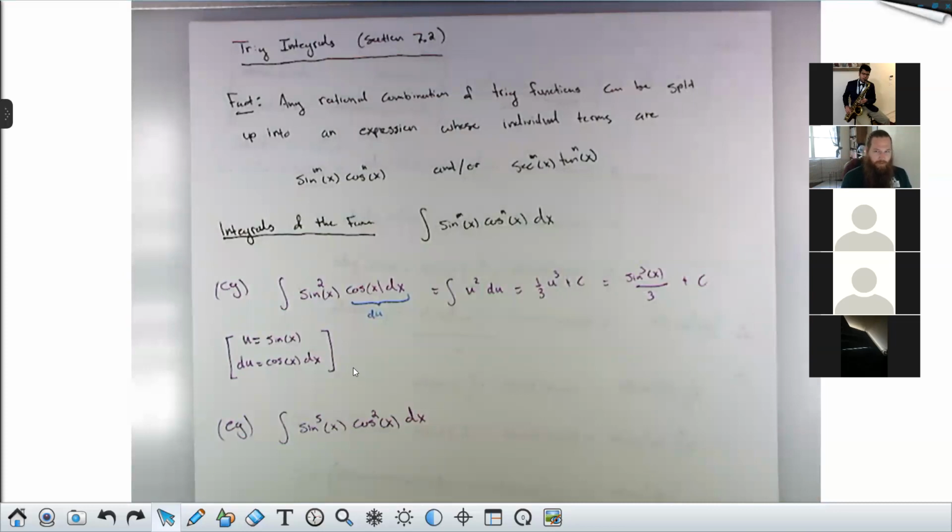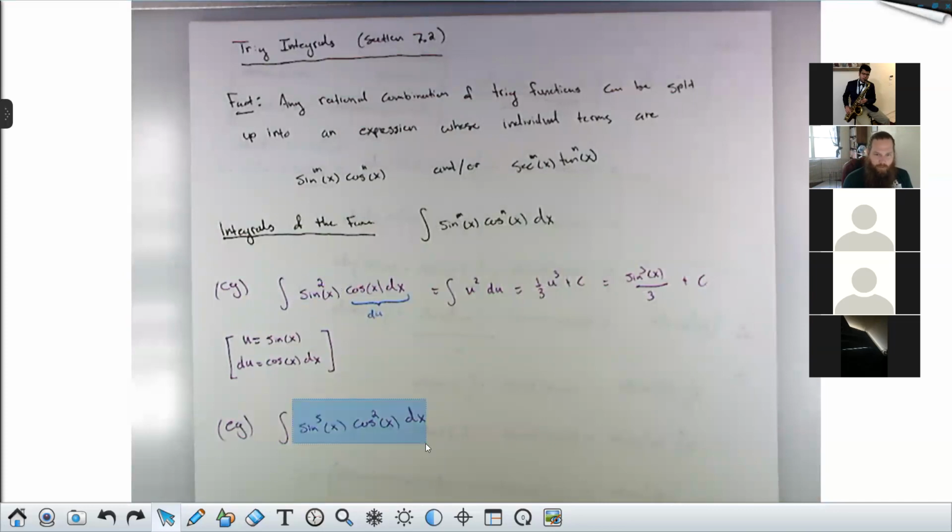But the basic ethos is still the same. Here's the idea. Let's look at this one. One of the powers was odd, one of the powers was even. I ended up using the function from the odd powered piece in my differential. And I ended up subbing for the function that was raised to the non-odd power.